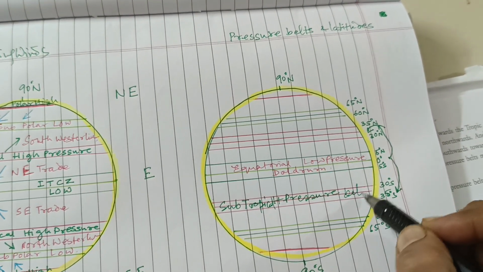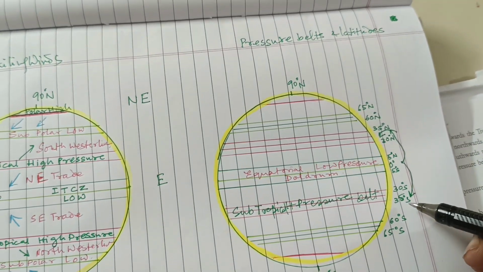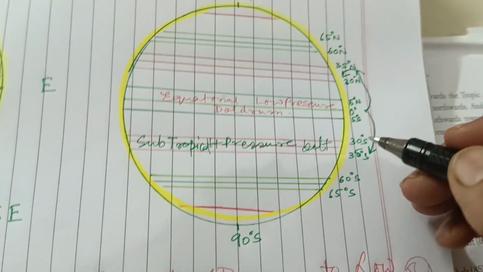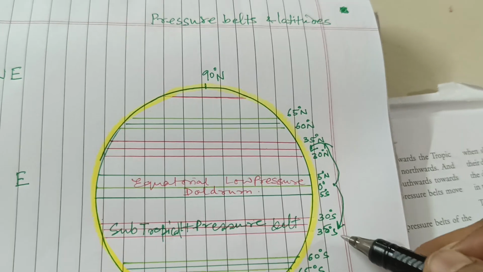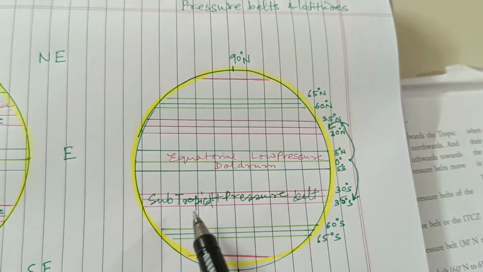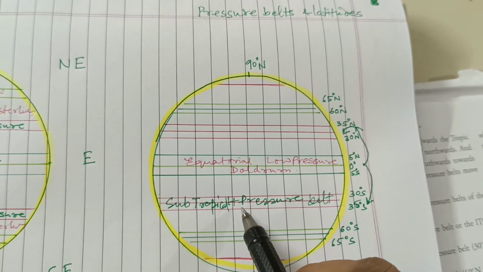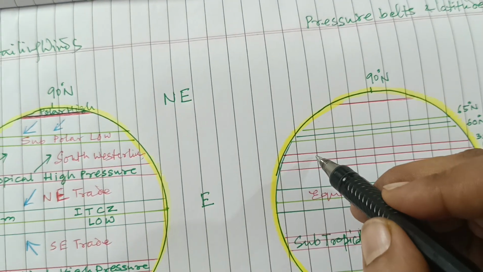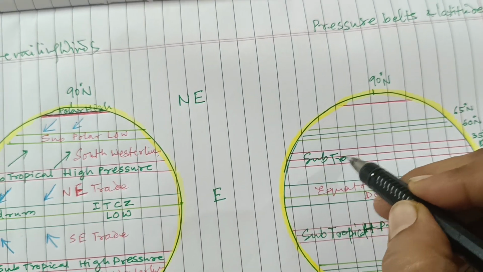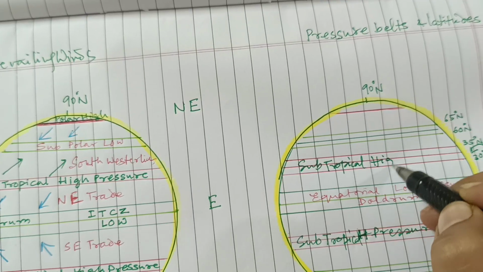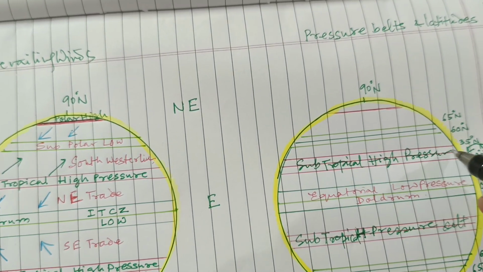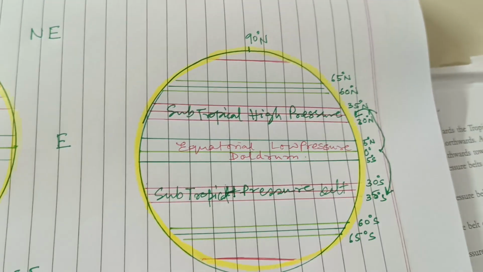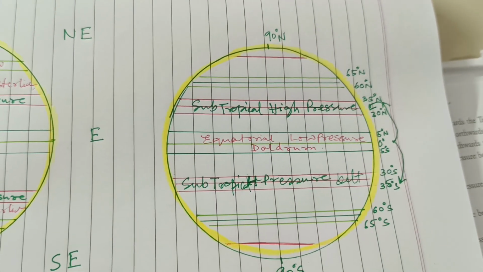Where is it created? In both hemispheres, 30 degrees to 35 degrees latitude. Here we can see 30 degrees south to 35 degrees south, we are getting the subtropical high pressure belt, and again here also we are getting the subtropical high pressure belt, the same latitude, 30 degrees north to 35 degrees north.